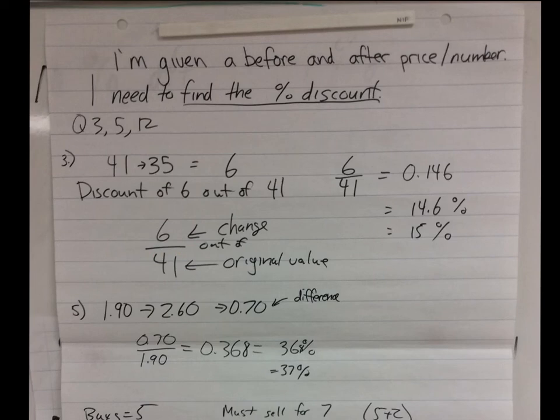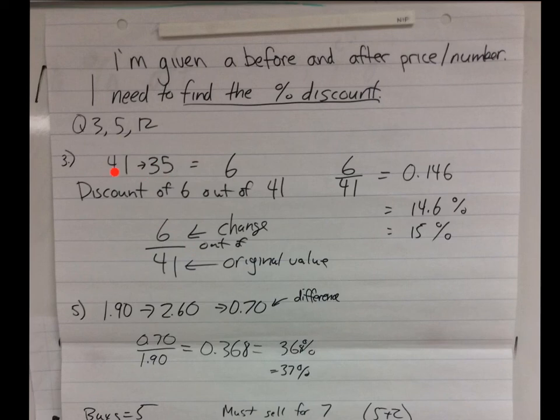Just like if you wrote a test, and originally you got 35 out of 41, and then you got 41 out of 41. What would the change be? It would be 6 out of 41. And that's all you're really trying to figure out.